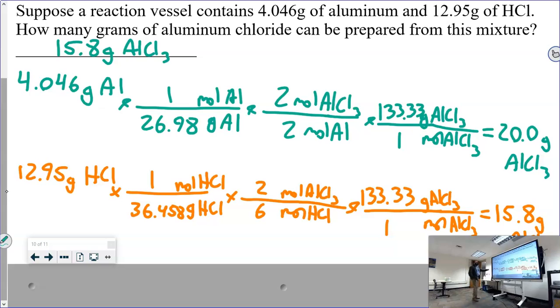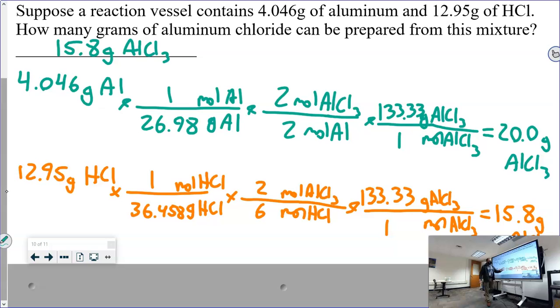And with any limiting reactant problem, you're given quantities of both the reactants, in this case aluminum and hydrochloric acid. Okay? And we just solve both of these for product. Whichever one produces less product is our limiting reactant. That's the one that's going to run out. Remember how this works. We have two quantities of reactants. They react, they react, they react, they produce product until something's gone.